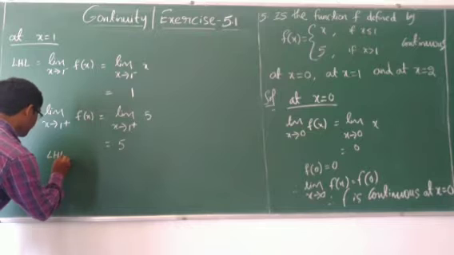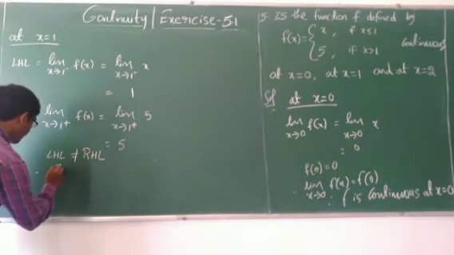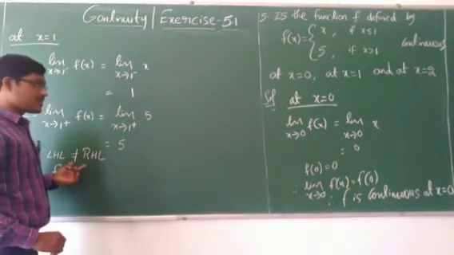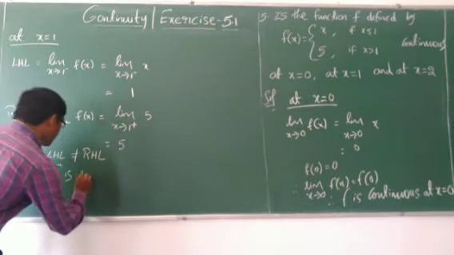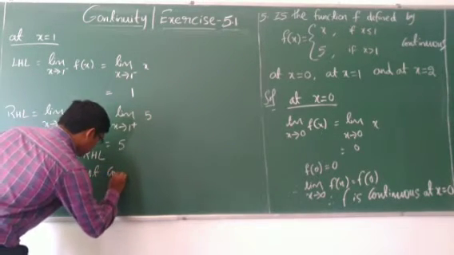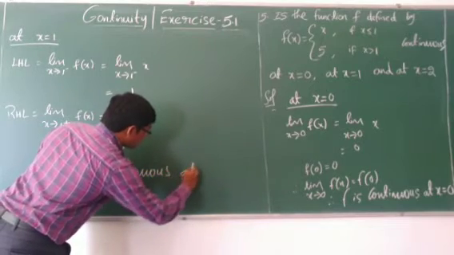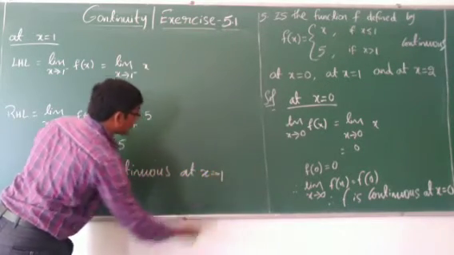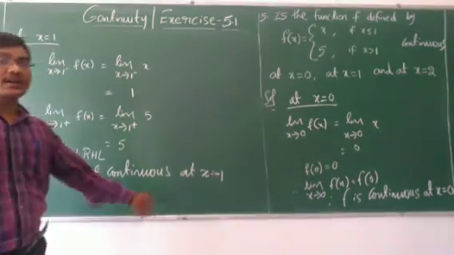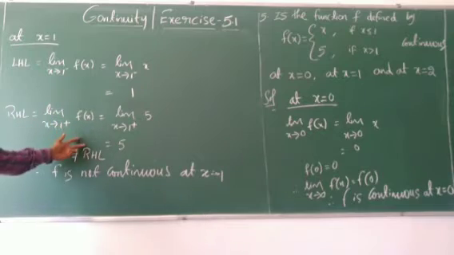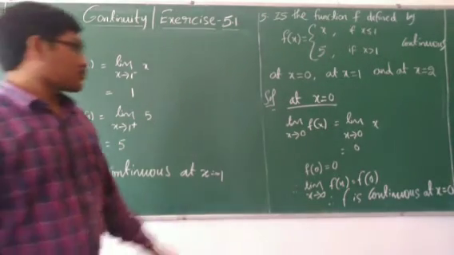Therefore, because these are not equal, directly we can write f is not continuous at x equal to 1. So when the limits are not equal, directly we write not continuous. But if they are equal, then we will find f of 1, right?